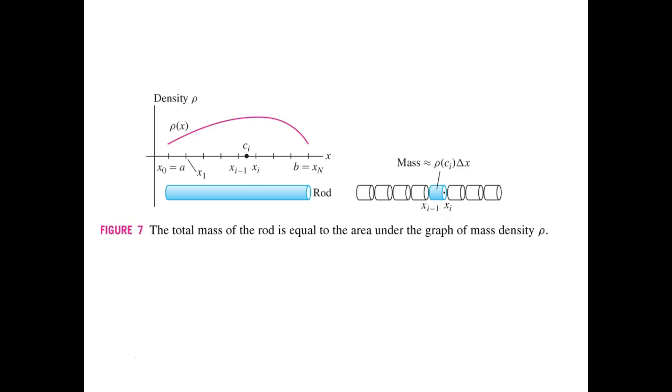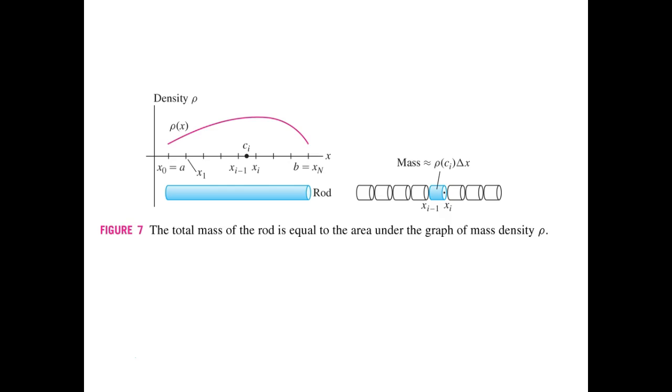It is a function of distance, but if the distance is small, it's not changing dramatically. It's a continuous function. So it's not going to be plus 55 here and 0.01 here. It just can't do it that quickly. So for any given piece, it's going to have approximately the same density.